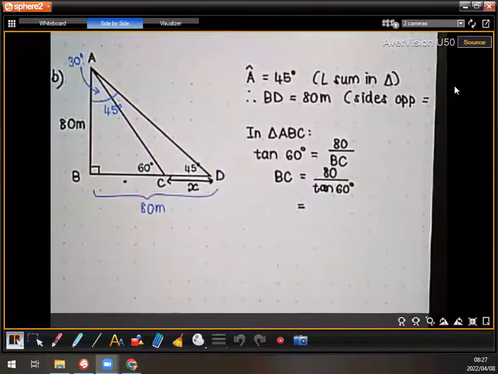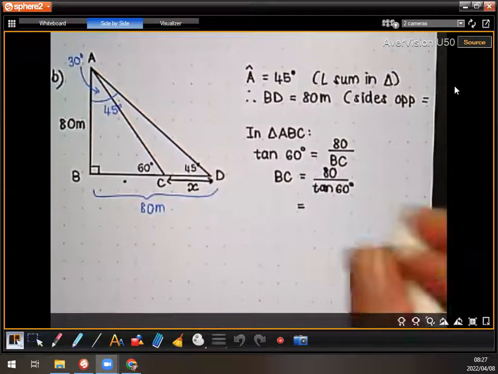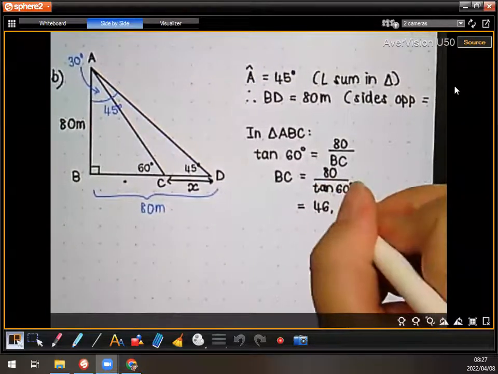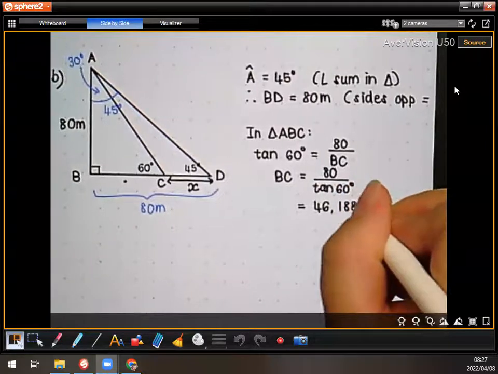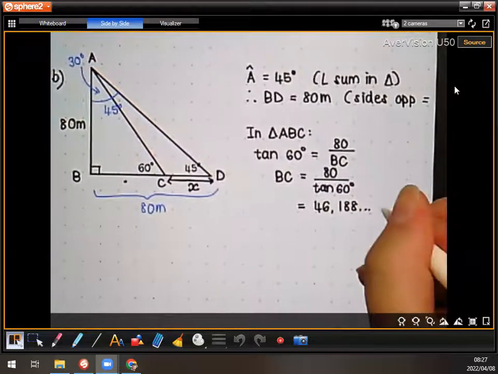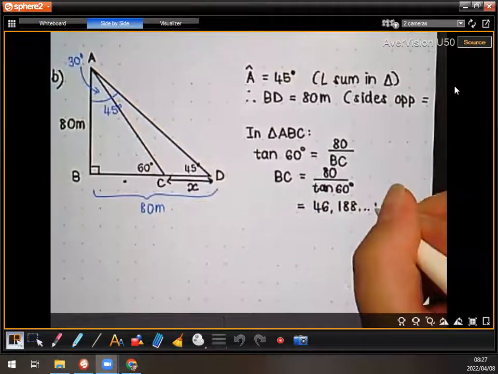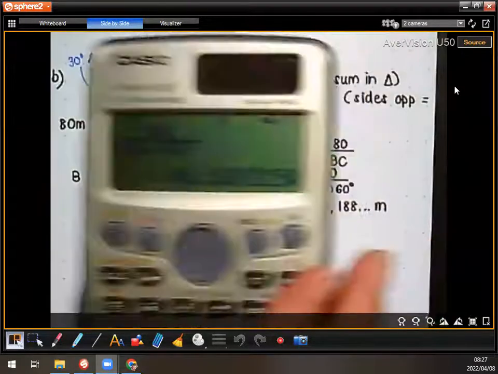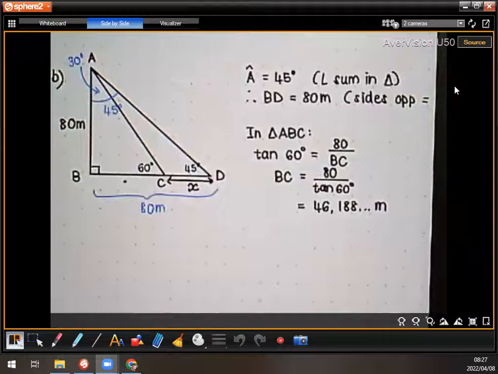which is equal to, let's see, 46.18. Okay, so let's do this again. 46.188... Remember, we're not rounding that off yet, but you can round it off in what you are writing there, as long as you're just working with this value in the calculator itself.